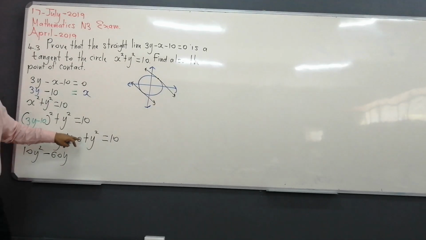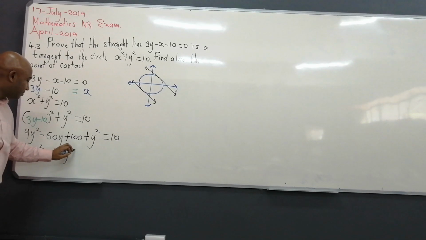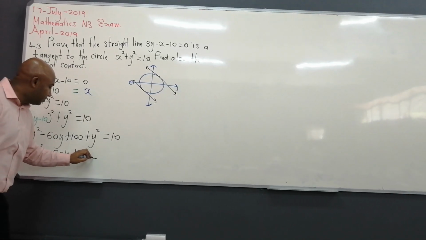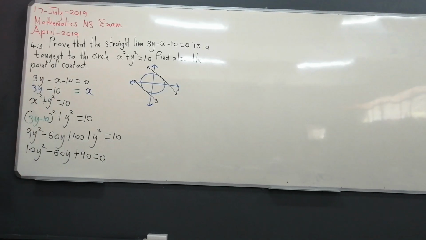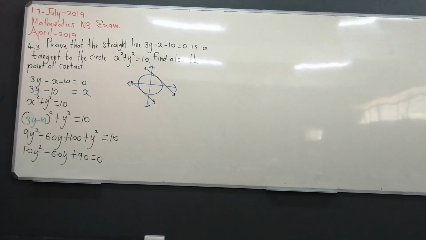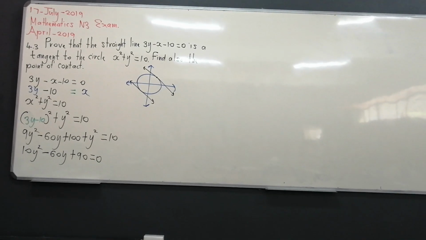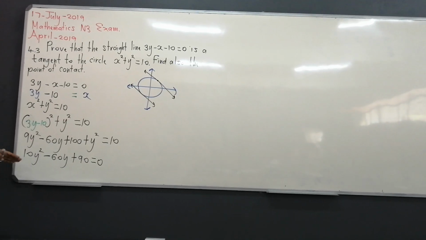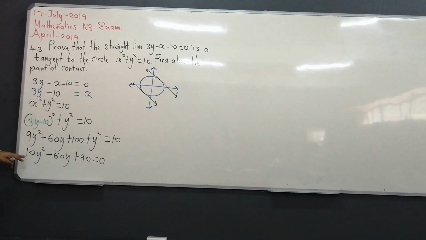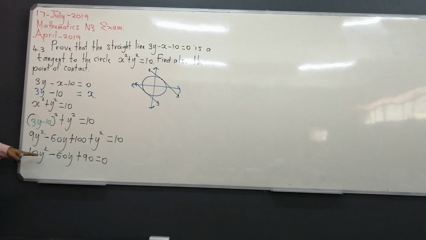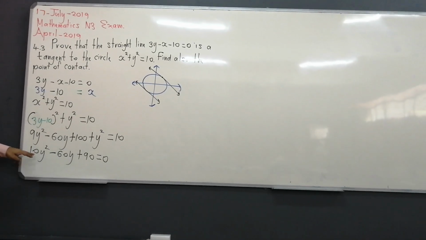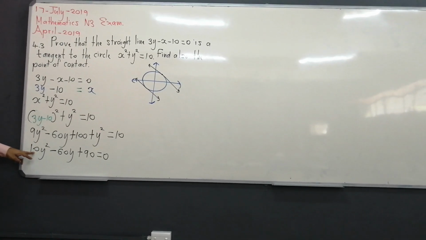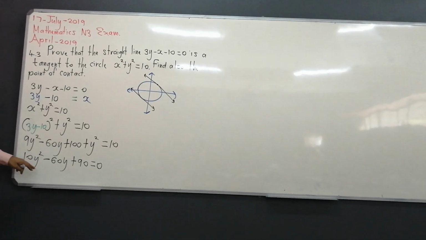So 100 minus 10 will be 90, equal to 0. Alright. So now we have a trinomial. So okay, we need to factorize and solve for y. But can I make this simpler? Yes. I can divide by 10 here. Okay, I can divide by 10.